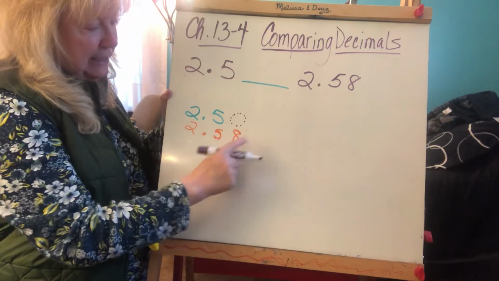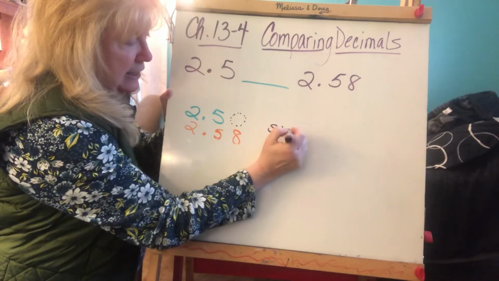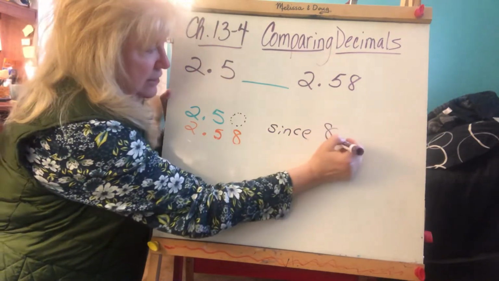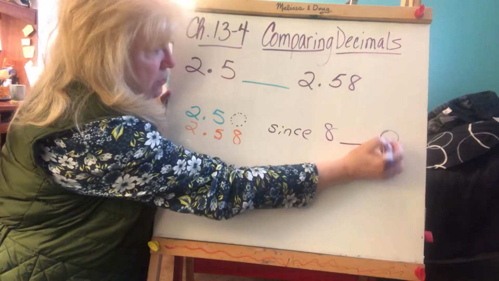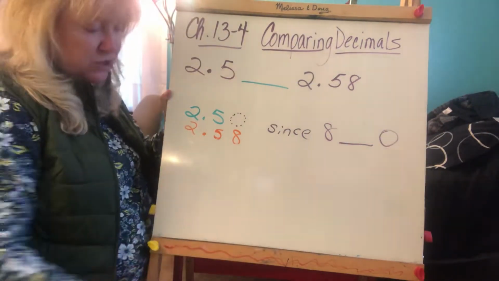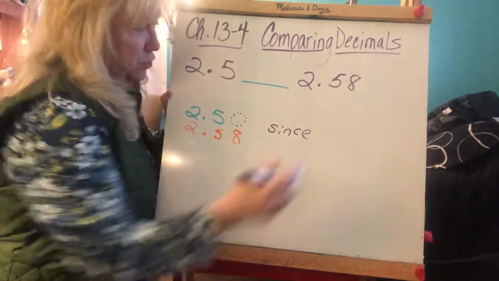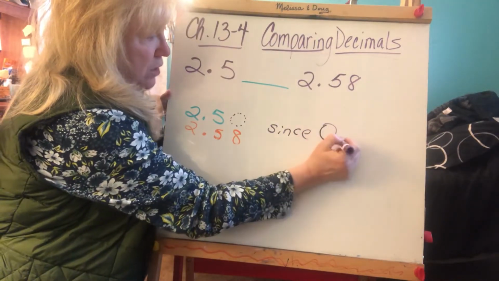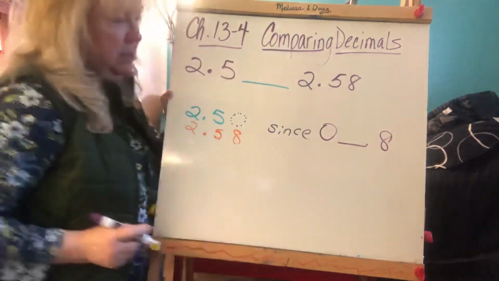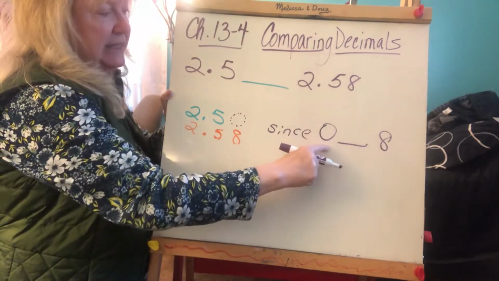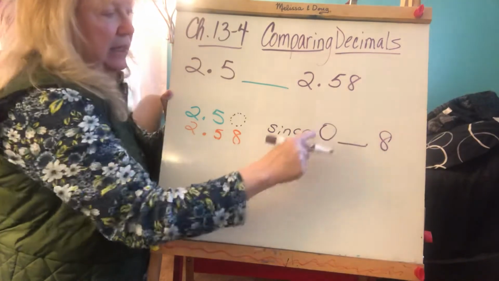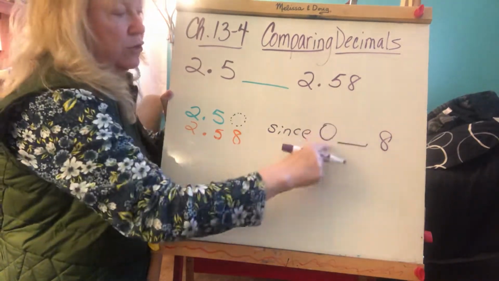Is 8 greater than, less than, or equal to 0? Well, let's do it in the order in which it comes. Since 2.5 comes first, we'll compare 0 to 8. Is 0 less than 8, equal to 8, or greater than 8?